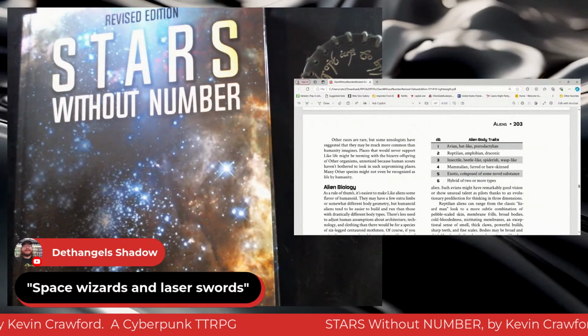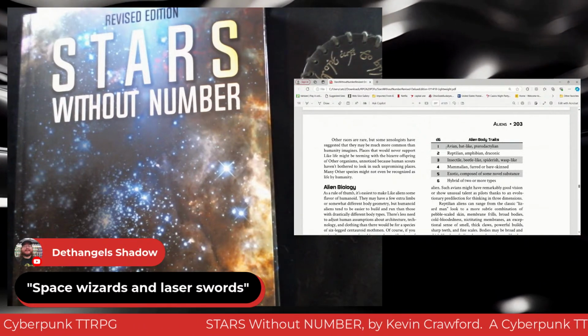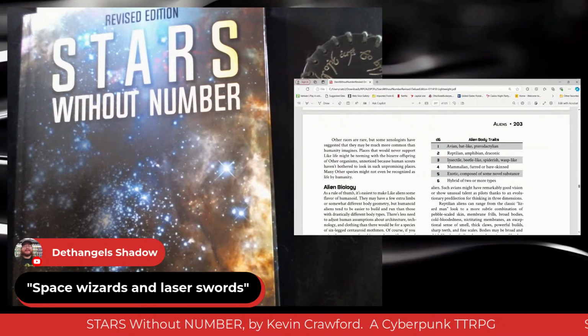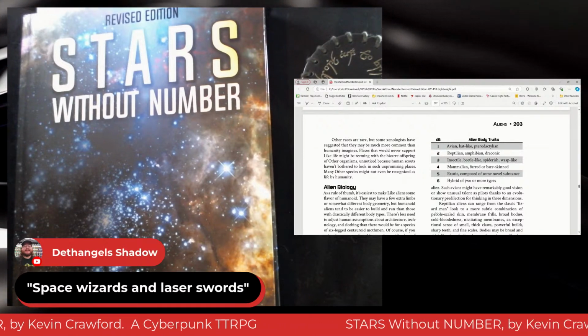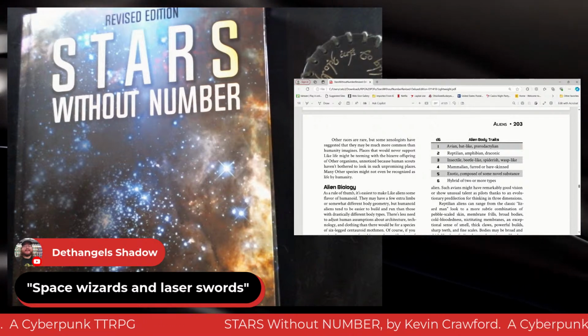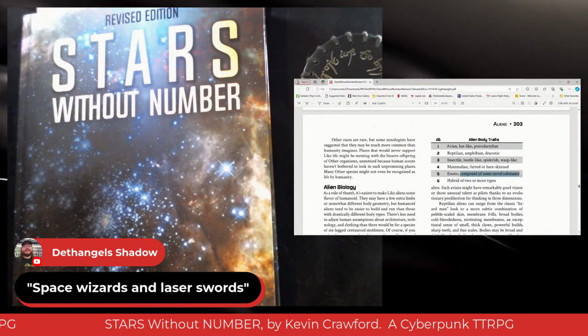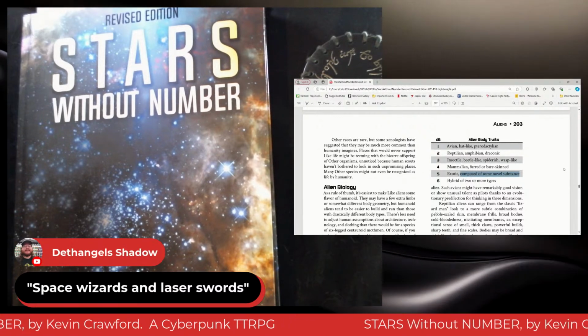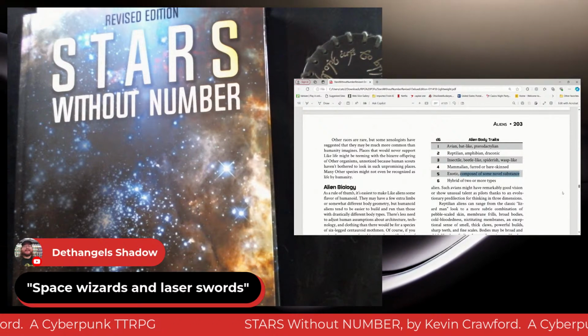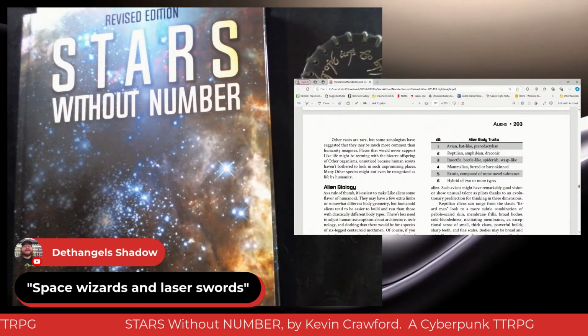And then, because we can make hybrids, they only have a D6 table here: avian, reptilian, insectile, mammalian, exotic, or a hybrid of two or more types. Exotic is composed of some novel substance. Exotic could be crystalline, plant-like, nanotech or whatever.